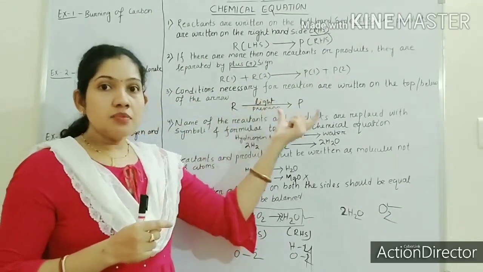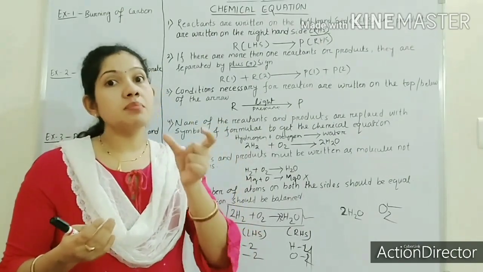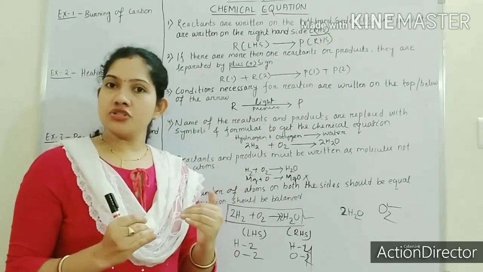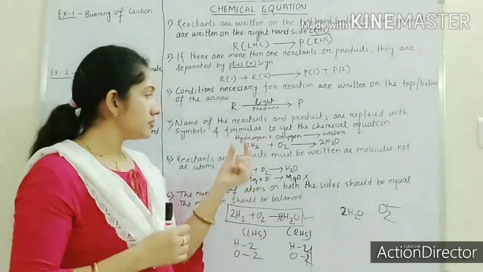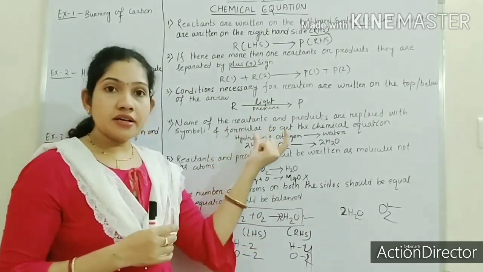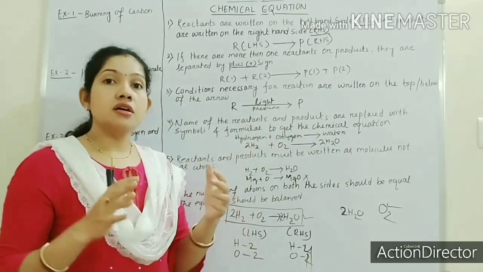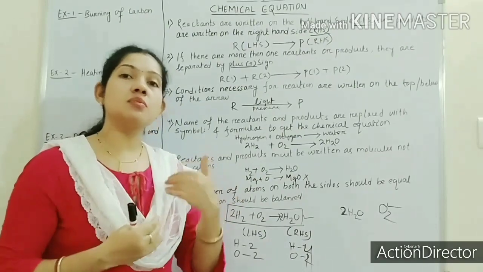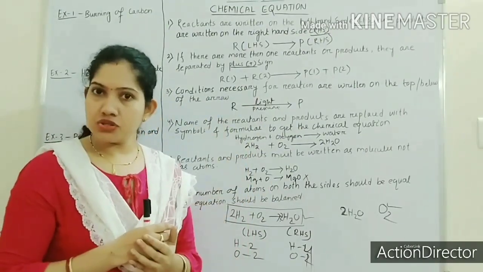If the reaction takes place under some condition, that condition should be written just above or below the arrow mark. Next, the reactants and the products should be replaced with their symbols and formulas to convert the word equation to chemical equation.